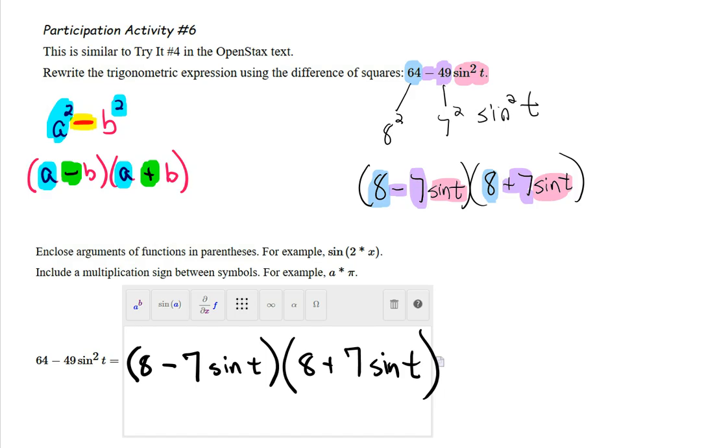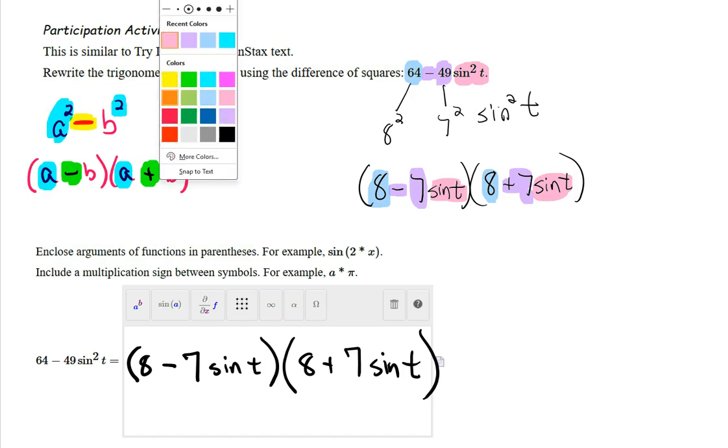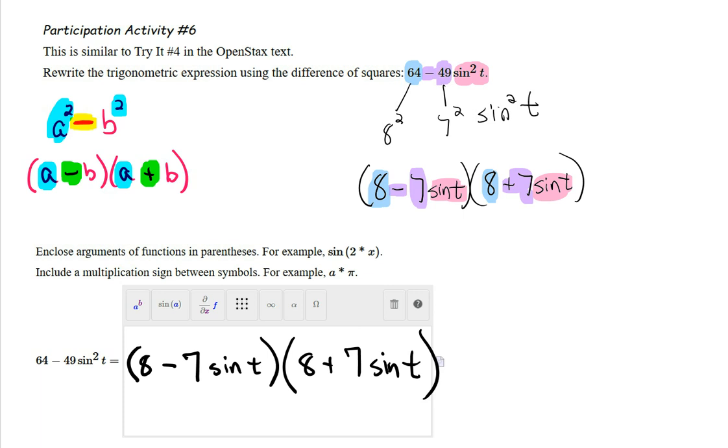So then I go up here, and I'm like, oh my god, what did I do wrong? And it says, enclose arguments of functions in parentheses, for example, sine of t times x.